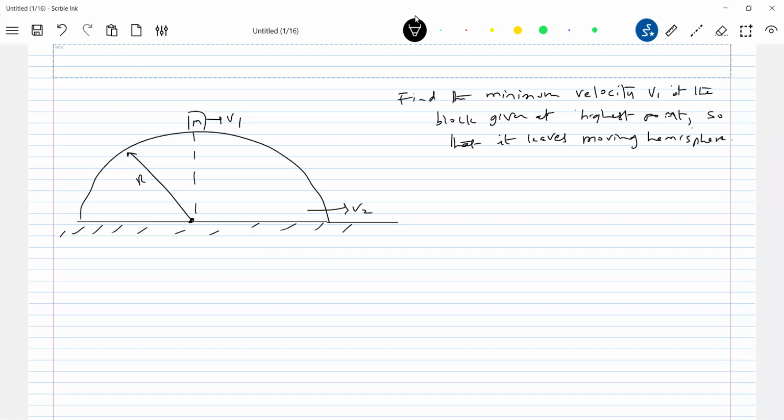Look at the hemisphere, it is moving, no? So it should leave at the highest point then and there only.